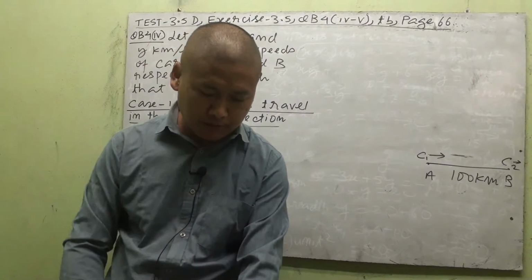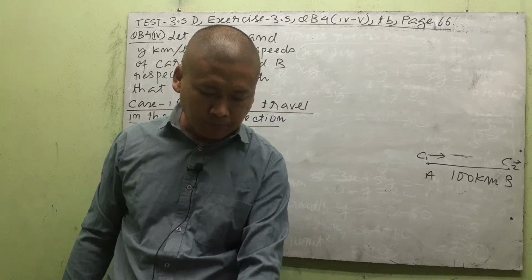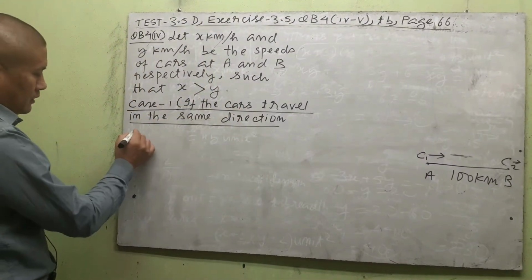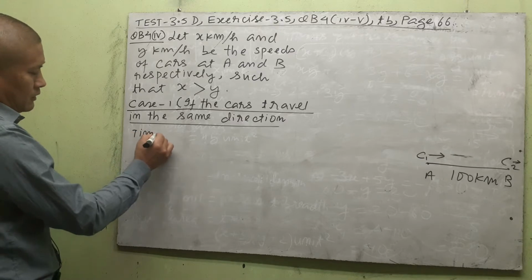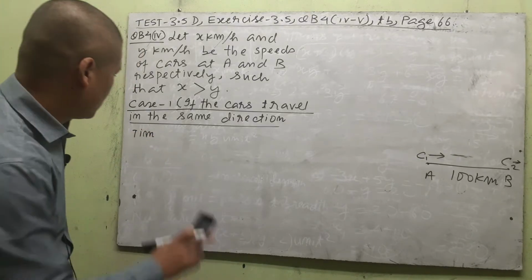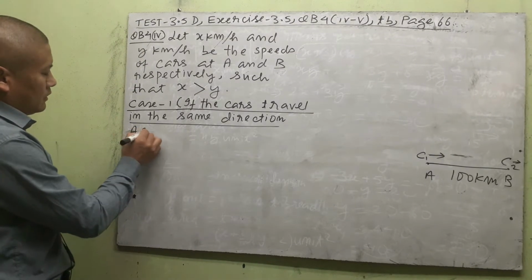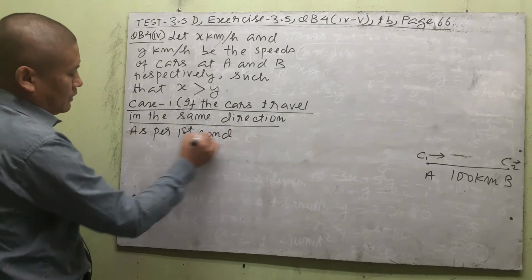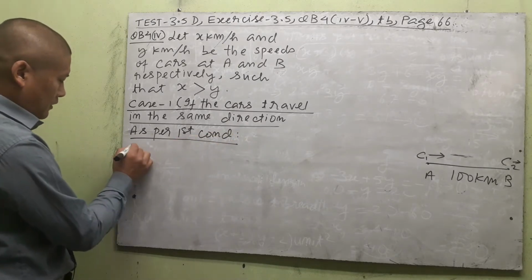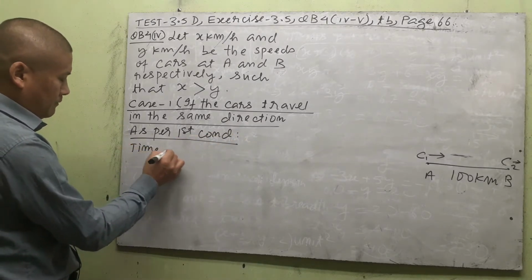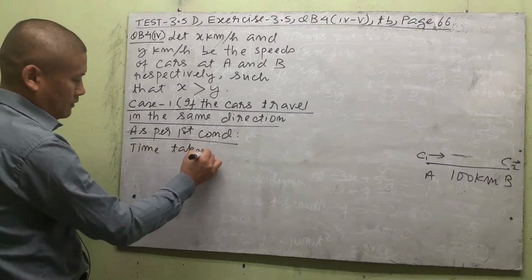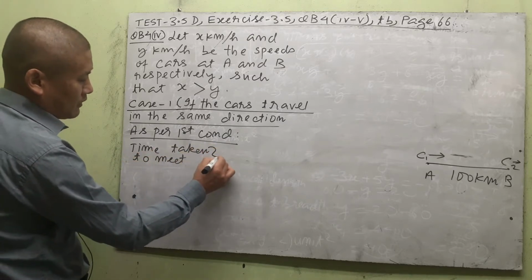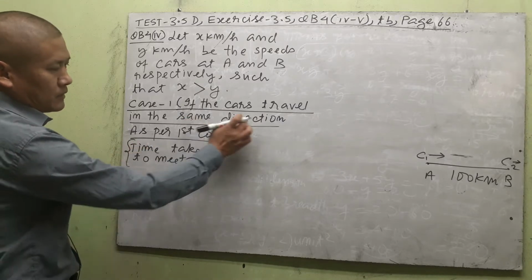If the cars travel in the same direction at different speeds, they meet in 5 hours. So when the cars travel in the same direction, according to the question, or I can just write here, as per first condition under case 1 here, time taken to meet for the 2 cars when they travel in the same direction.